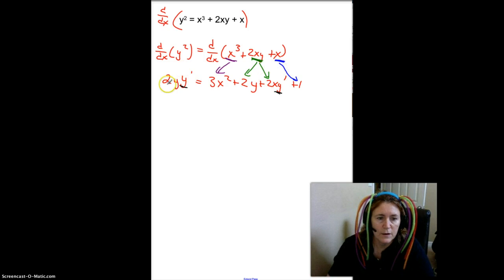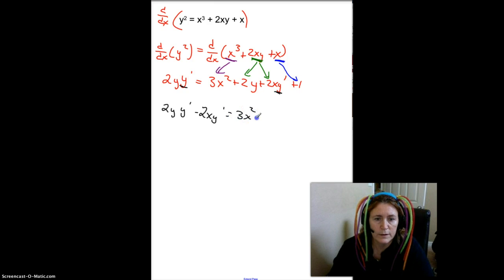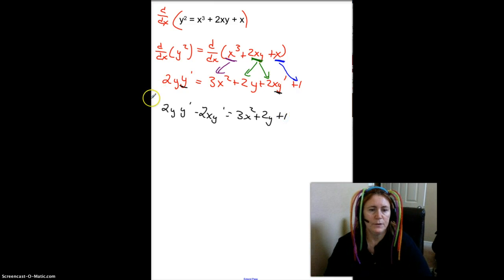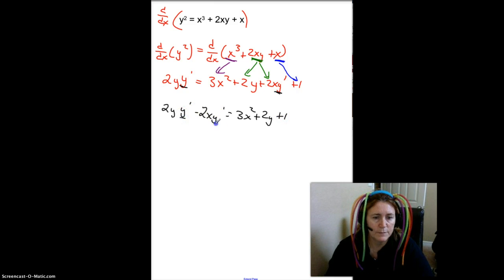All right, so I'm going to factor y prime out, or let me do it this way. 2y y prime minus 2x y prime is 3x squared plus 2y plus 1. Now let me see, are all my y primes on one side? Yes, I'm going to factor it out. So y prime times 2y minus 2x, is that correct?